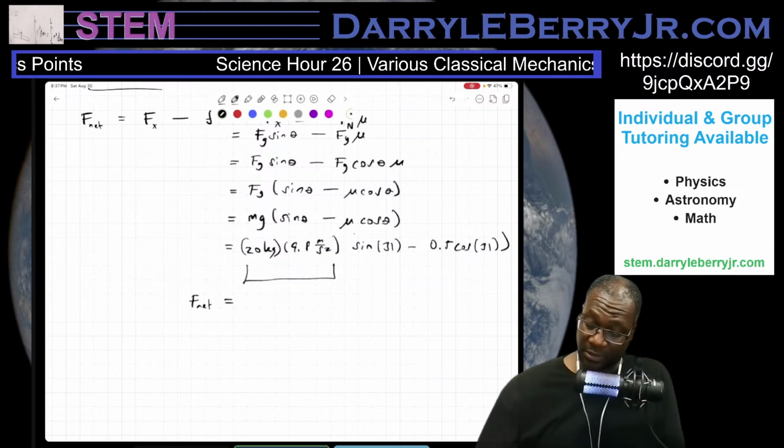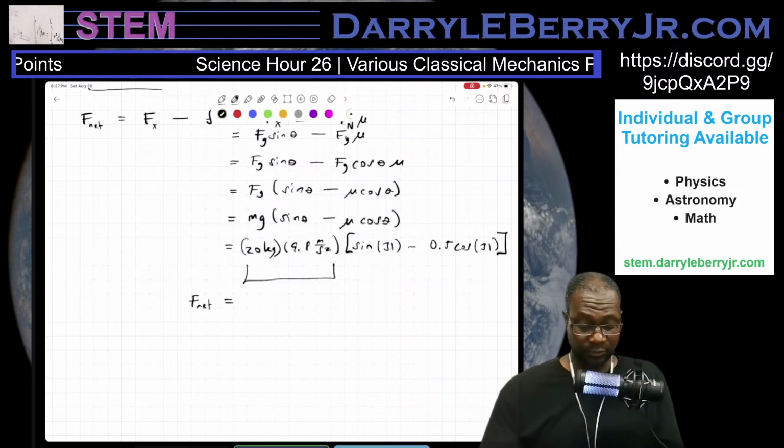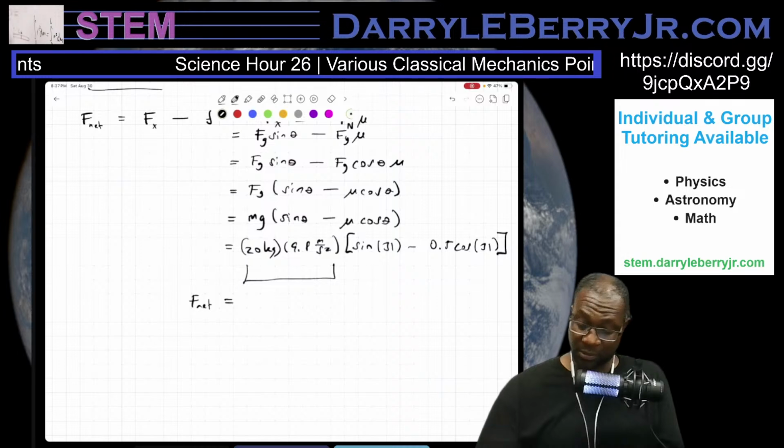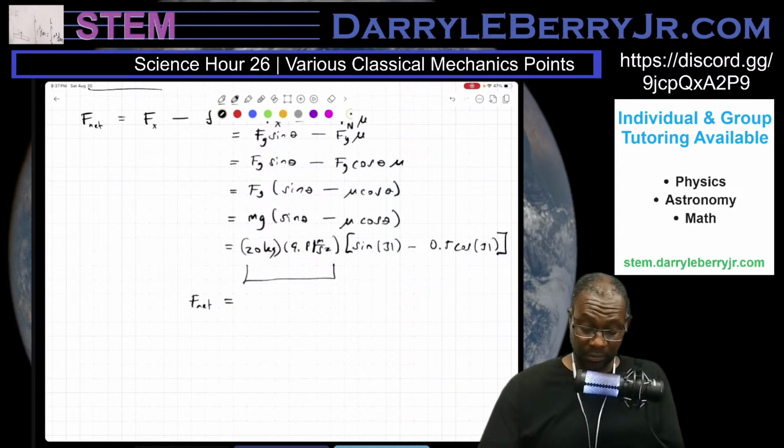We have 20 times 9.8 times sine 31 minus 0.5 cosine 31.